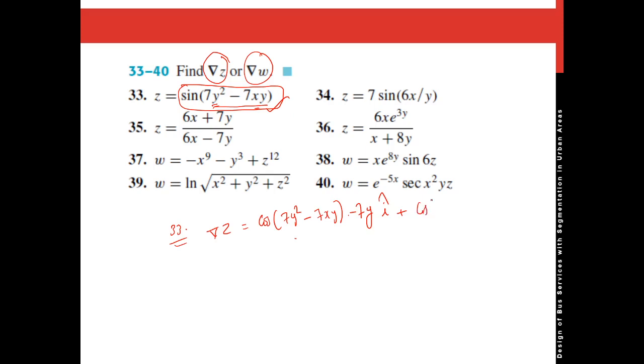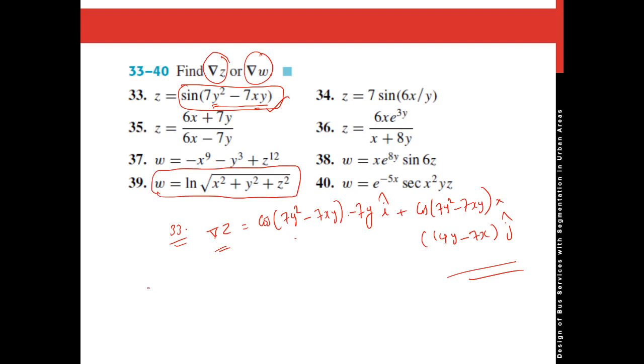So cos of 7y square minus 7xy into the derivative of this, 14y minus 7x, j. So this is del z. Now you find this out and tell me the answer.